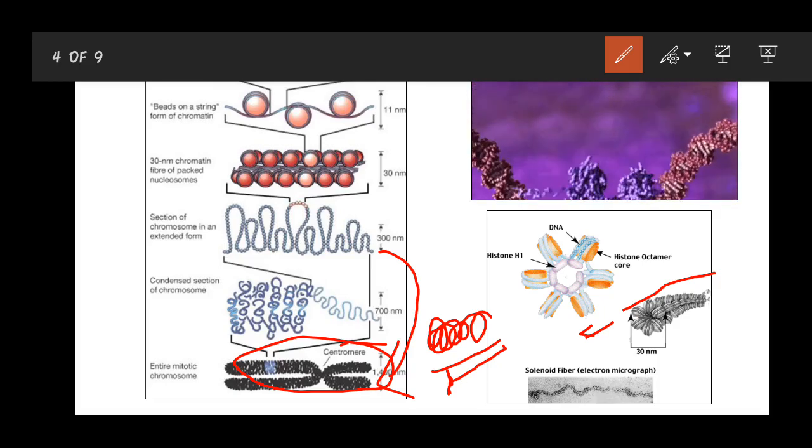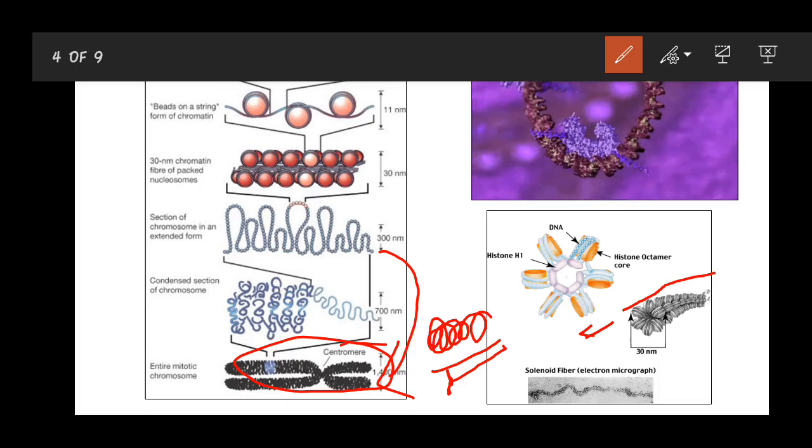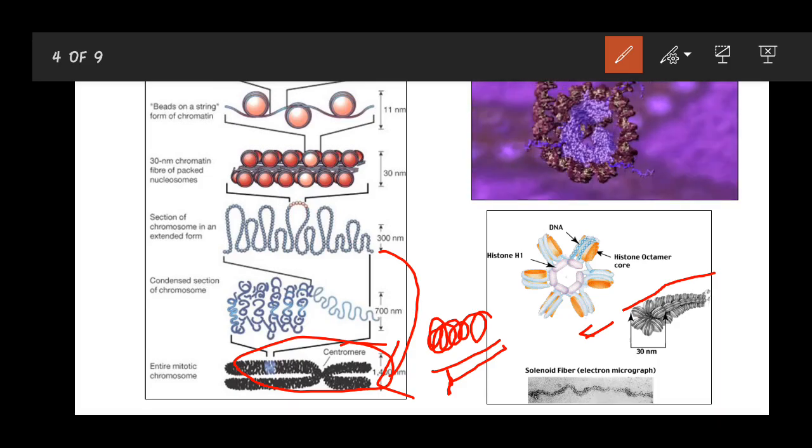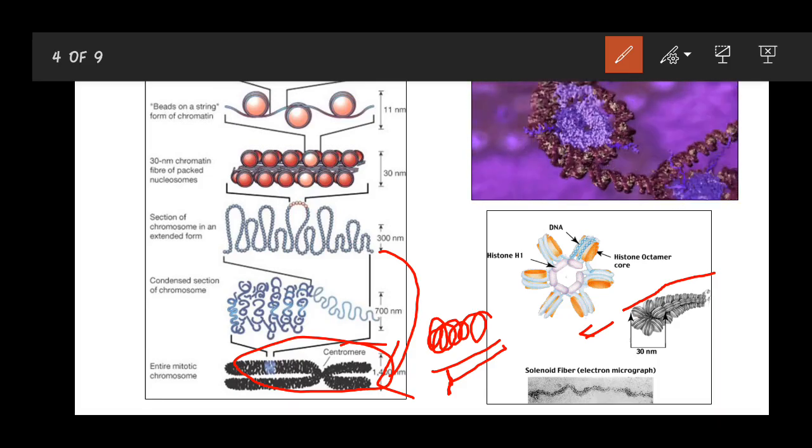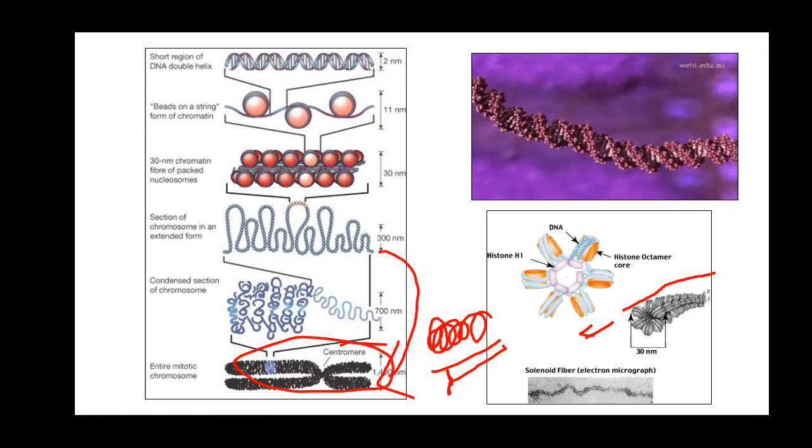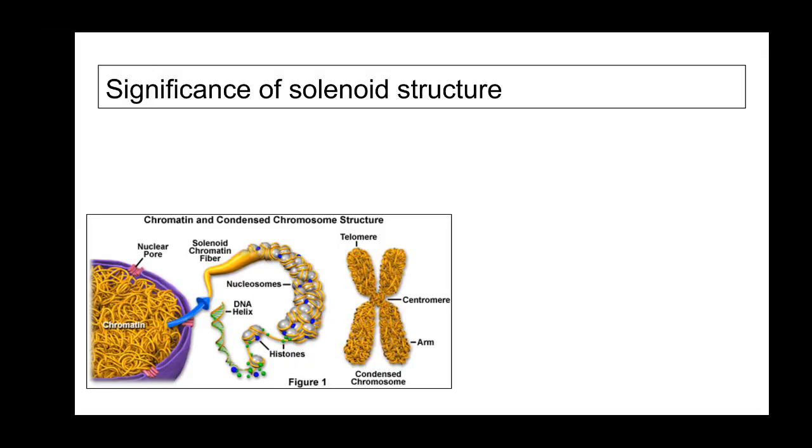Now in this session, we'll start by discussing the significance of this structure, or why the DNA is seen in this structure called a solenoid, and why the DNA is maintained in that structure inside the cell, rather than the normal double helical loose structure.